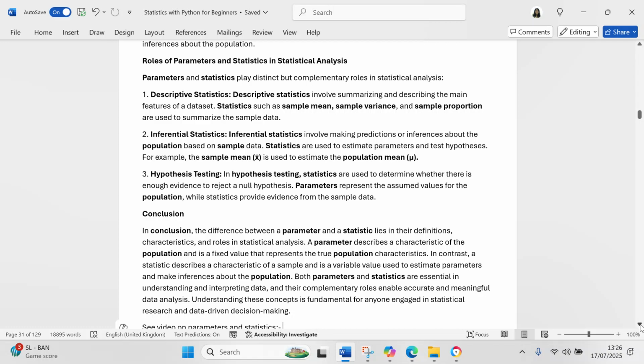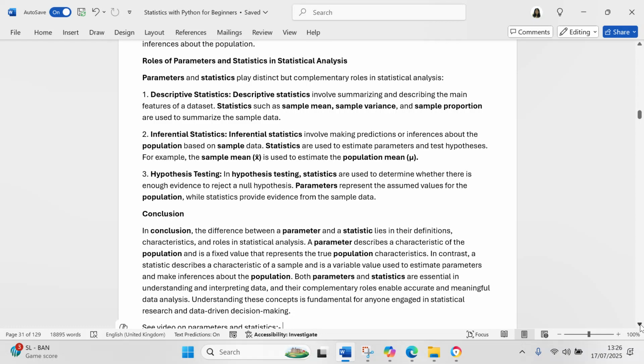Inferential statistics involves making predictions or inferences about the population based on sample data. Statistics are used to estimate parameters and test hypotheses. For example, the sample mean X bar is used to estimate the population mean mu.